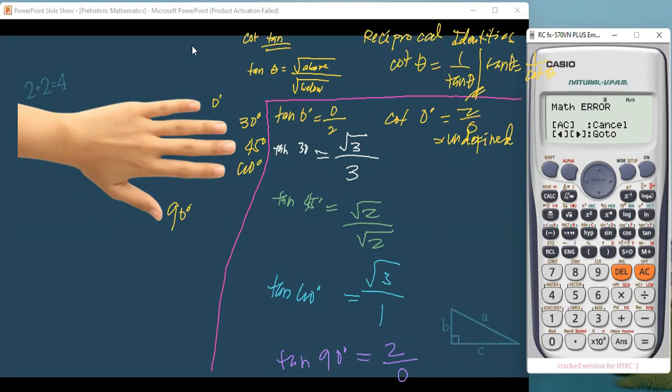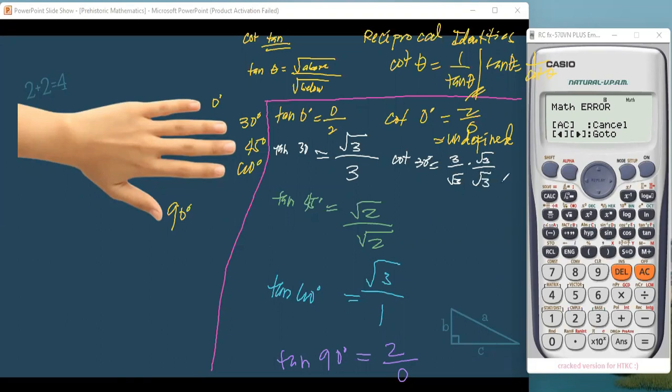So how about ito po? See, the tangent of 30 will give us the square root of 3 over 3. But this time, si numerator po, so we have here cotangent 30 degrees must be equal to, so si denominator po magiging numerator, that will give us 3 over the square root of 3. So di ba po sabi natin dapat wala pong radical kay denominator. So kailangan po nating i-rationalize by multiplying it with the square root of 3 over 3.